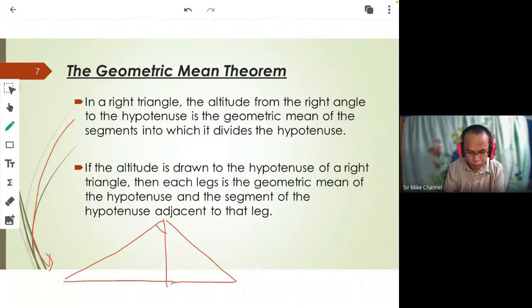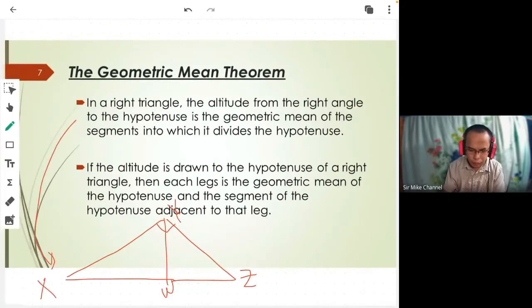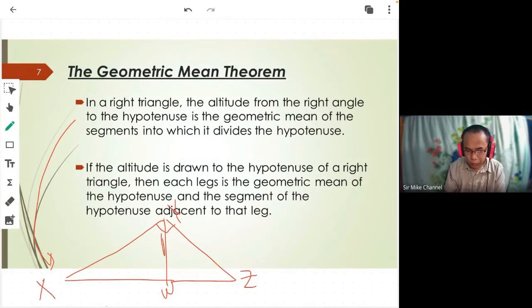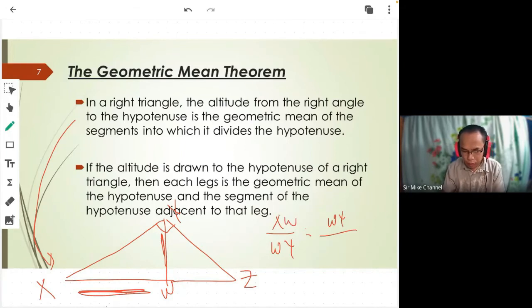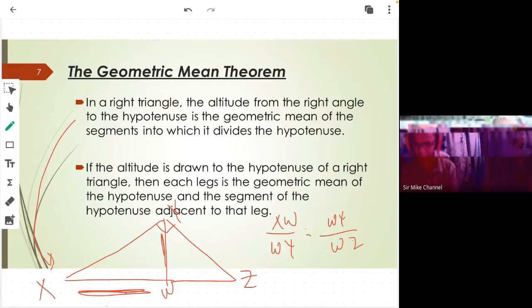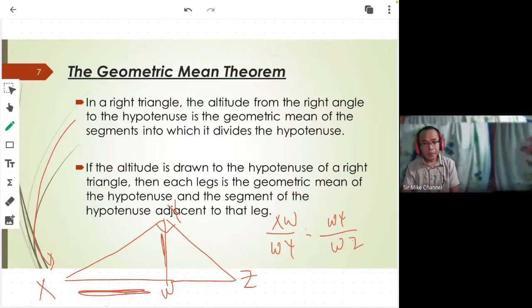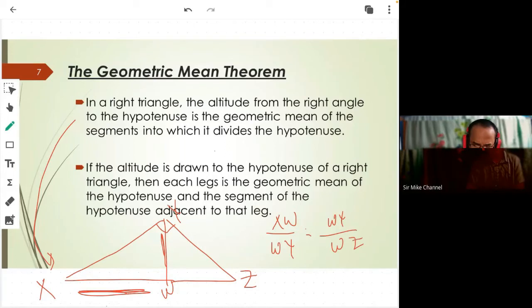Let's say we have X, Y, Z, and ito ay W. So, para mahanap natin yung geometric mean nito, itong part na to, yung WY. So, kukunin mo yung product natin itong part na yan, yung XW, and then WZ. So, ito na yung geometric mean. Ganun lang po ang pag-derive natin. So, ganun din yung pangalawang part na yan. Okay, so same lang siya.